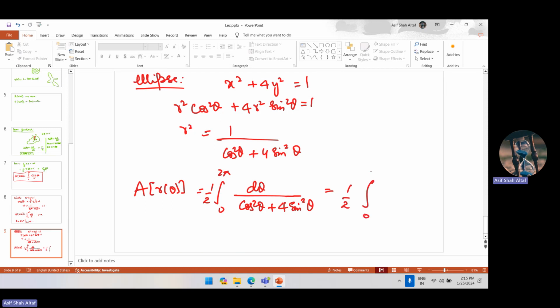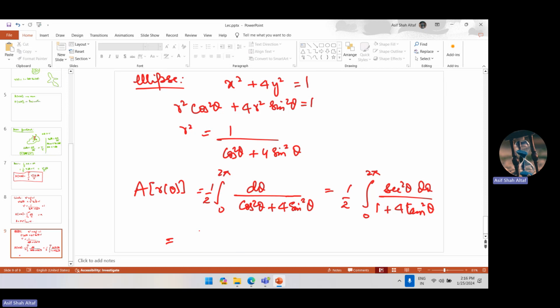And to simplify, to solve this integral, we'll just convert it by dividing numerator and denominator by cos square theta, which will basically give us sec square theta divided by 1 plus 4 tan square theta. Fine.